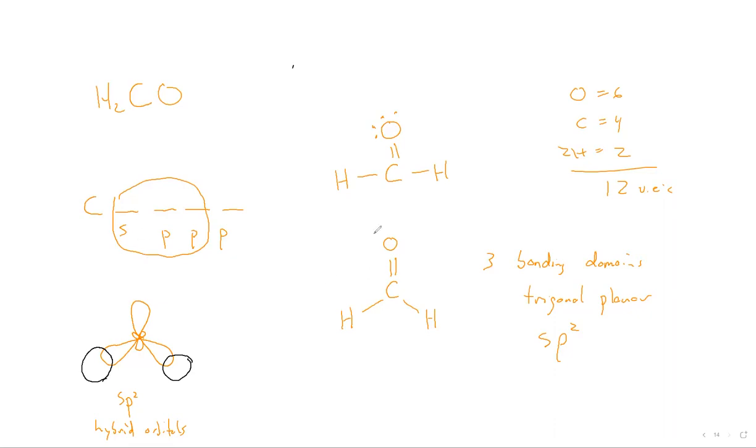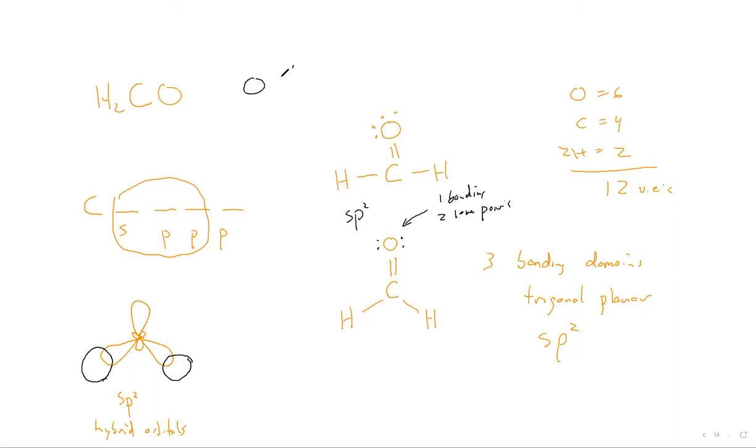And then you'd have what's going on with the oxygen. Well, the oxygen also has 3 electron domains, right? It has a bonding domain. So if we look at that oxygen, it has 3 domains as well. It has 1 bonding and 2 lone pairs. So the oxygen is also sp2 hybridized.